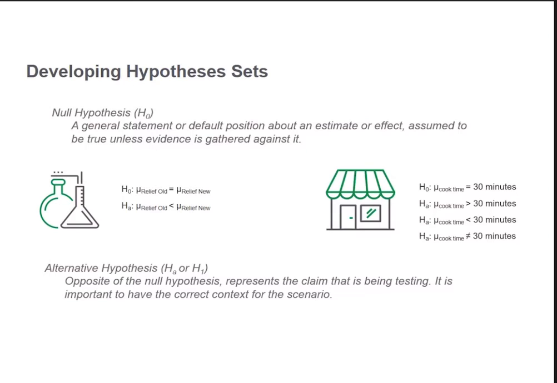Additionally, the second alternative also presents an issue where customers may grow impatient and chefs may take the bread out too early and not have it be fully cooked. Since the restaurant would be interested in both alternatives, we can combine them and choose the third alternative. Cooking time is not equal to 30 minutes. In both scenarios, we select an alternative hypothesis by considering the context of the problem we encountered.